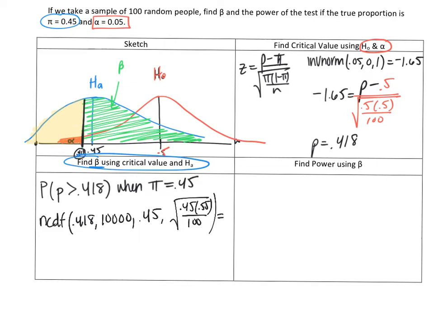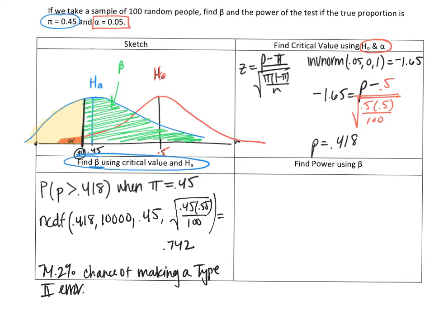And I should get out 0.742. This means there's a 74.2% chance of making a type 2 error.